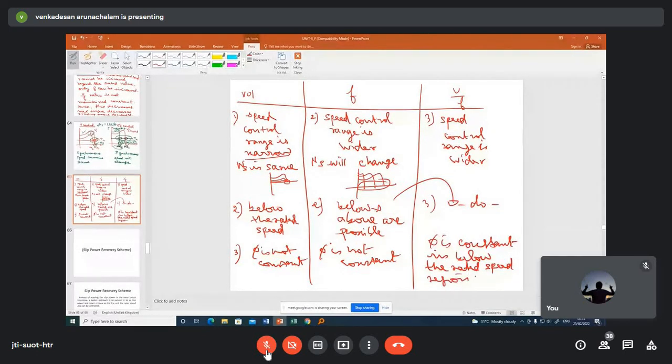At least below the rated speed you can maintain the flux constant. Above the rated speed, it is not possible to maintain the flux constant. But at least below the rated speed, you can get that advantage. Right? So these are all the comparisons between all the three control methods.